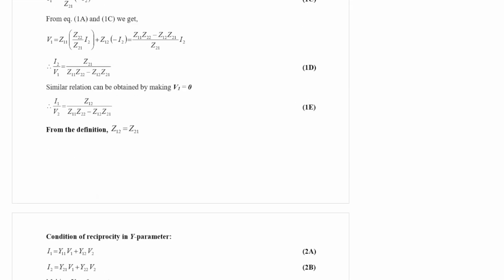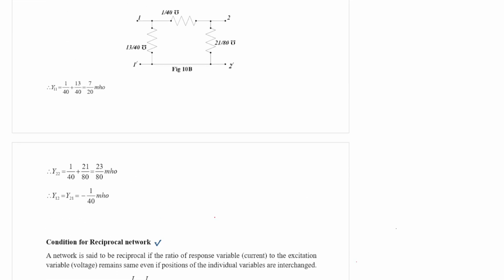Now let us try to understand what is a reciprocal network and what is a symmetrical network. Let us say we have a network with an input port V1 I1 and also has an output port V2 I2.